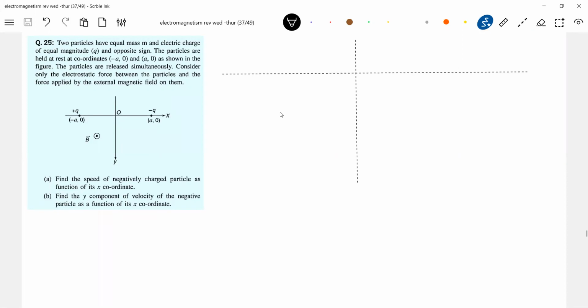There's a charged particle, and there's another charged particle. Electrostatic attractive force will act and they'll start accelerating. Because of the magnetic field, they'll get deflected. So what should be the path of this charged particle?